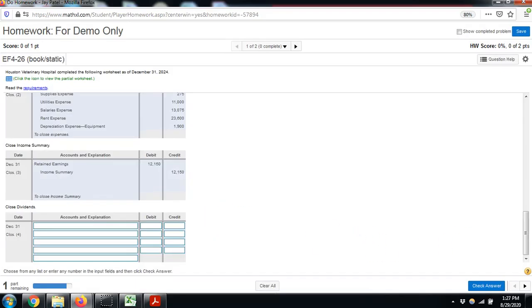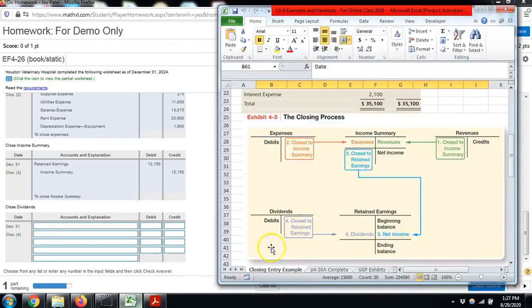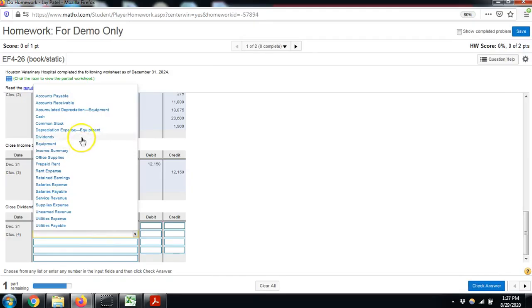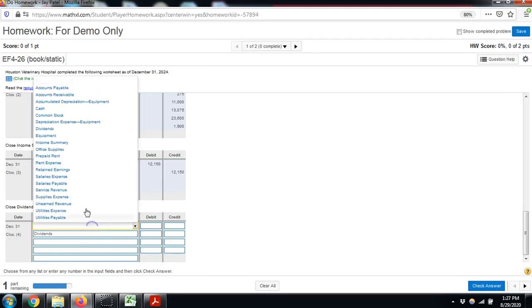Okay, and finally we have to close our dividends. So looking at our diagram again, our dividends are debit normal. So we will credit dividends and we will debit retained earnings. Dividends is going to be our credit account and retained earnings.